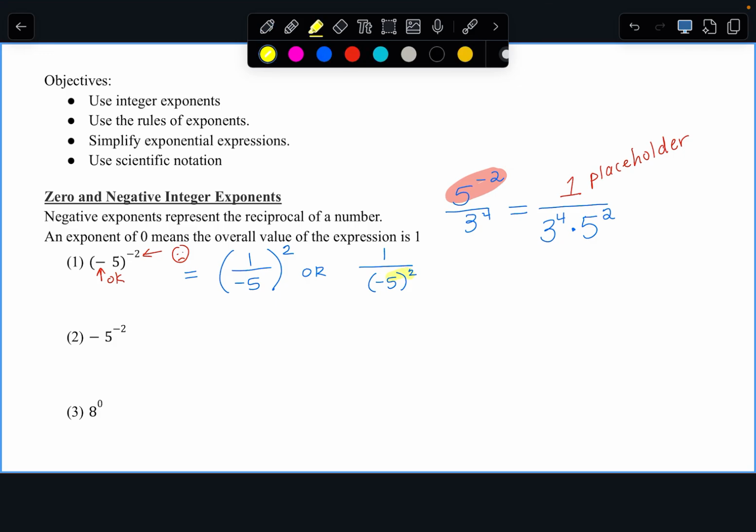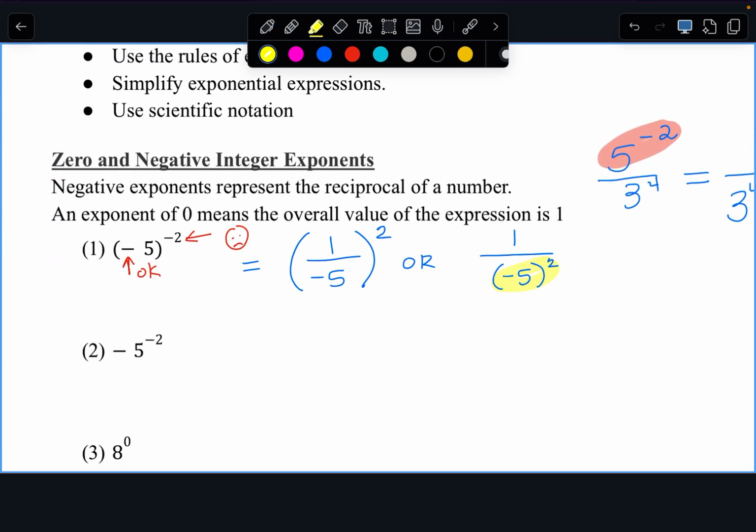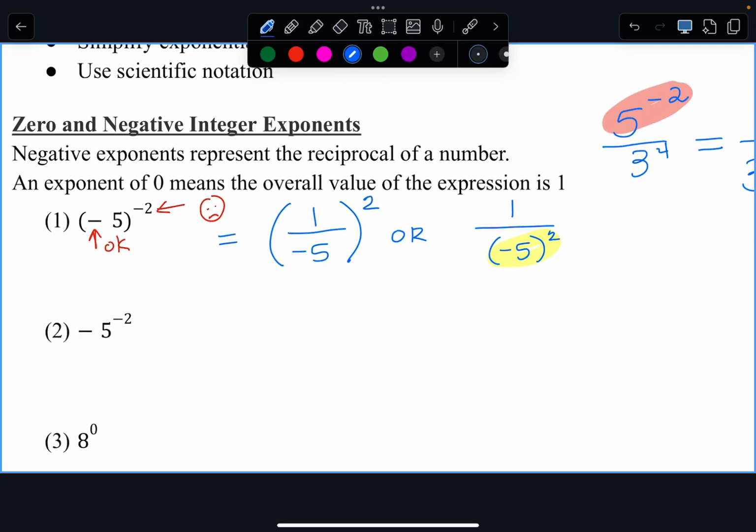What does this mean? Here, I'll zoom in for you. This is 1 over positive 25. Yeah, we're getting there. It's fine. 5 times 5, 25. Negative 5 times negative 5 is also a positive 25. Remember, negative and even makes it a positive. Now, number 2 would be different.